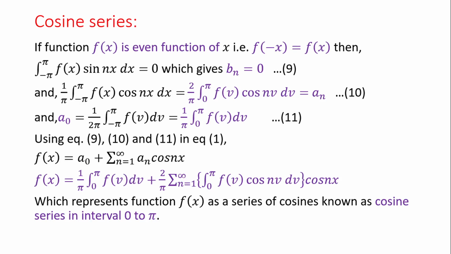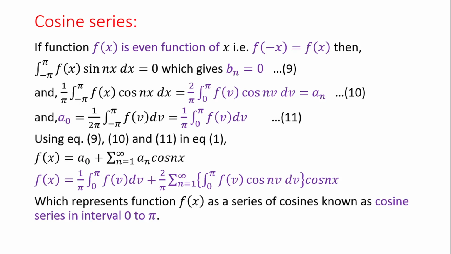And in this way, in the Fourier series we have two terms only, that is a0 plus the summation from n equal to 1 to infinity of an cos nx. After putting the values of a0 and an, we have a series f(x) equal to 1 by pi, integral 0 to pi of f(v) dv, plus 2 by pi, summation n equal to 1 to infinity, integral 0 to pi of f(v) cos nv dv, which is the value of an, multiplied by cos nx.